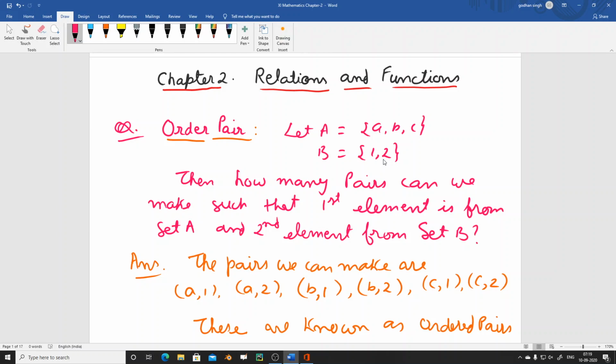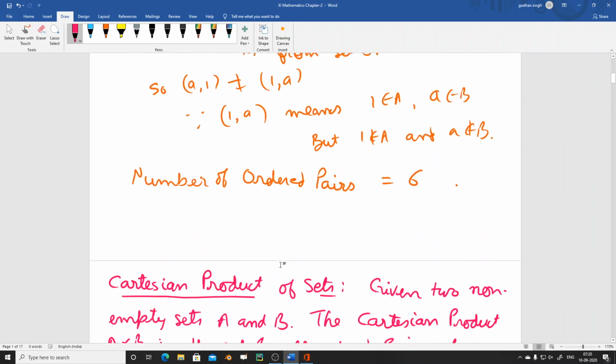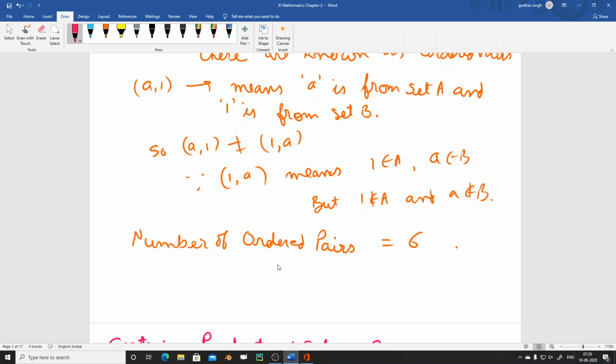The first set elements are only a, b, c. So we cannot make the pair (1,a), because it would mean taking 1 from set A and a from set B, which is not possible here. So the ordered pair (a,1) is not in general equal to (1,a). (a,1) is different from (1,a).